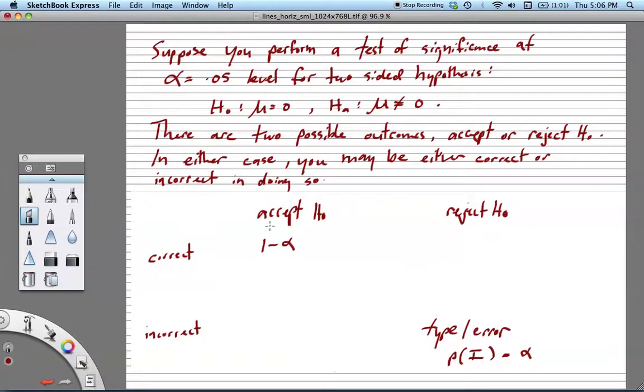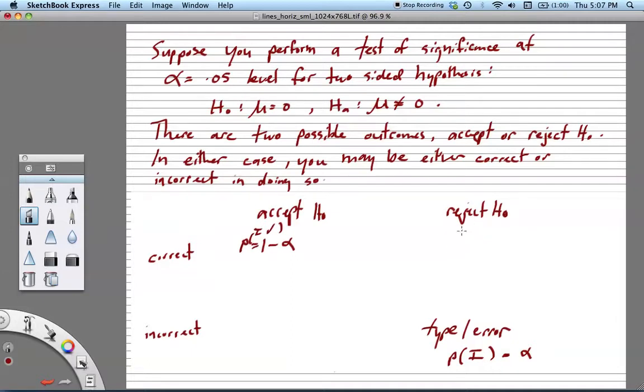Okay, so if you accept your null hypothesis based on your test of significance, and if you were correct in doing that, meaning there actually is no effect, you're going to be right 95% of the time in this case. So the probability of this scenario, I'll just call it a type 1 success, is 1 minus alpha.